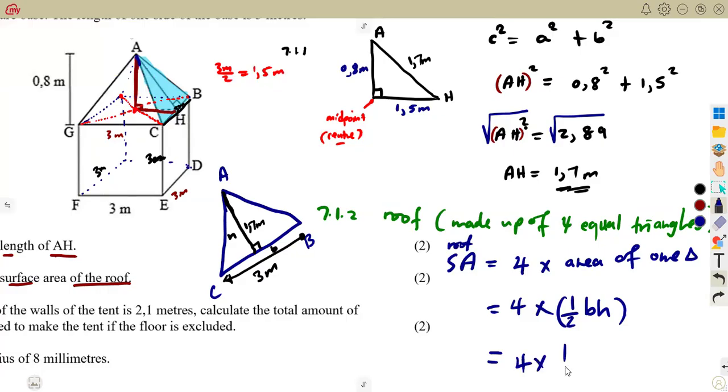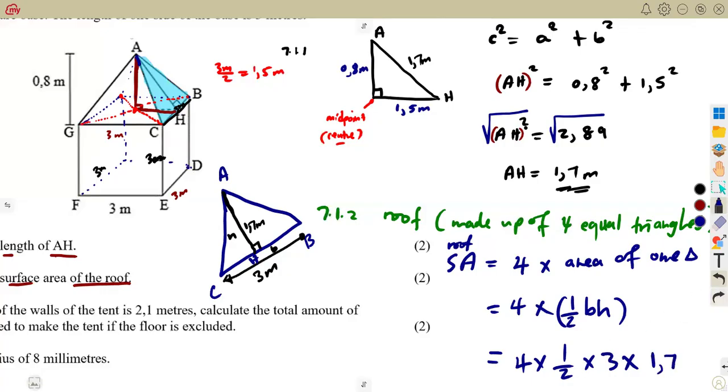So 4 times half times the base. This is the base, 3. The perpendicular height is the one that you calculated now, A to H. Remember our point H here, A to H. That's your perpendicular. It meets at 90 degrees. There's a 90 degrees indicated there on your diagram. That's the perpendicular height of that triangle, 1,7.